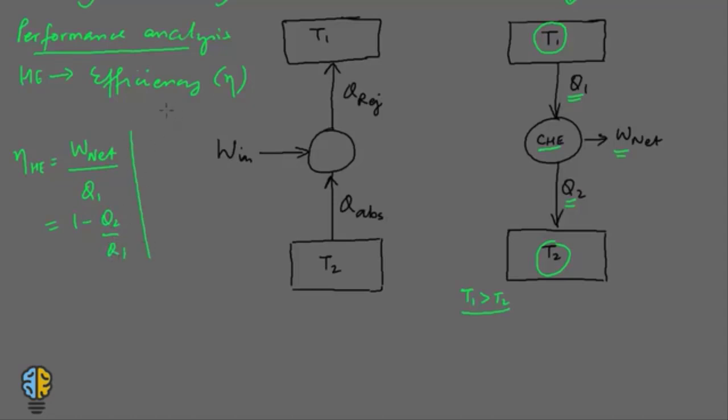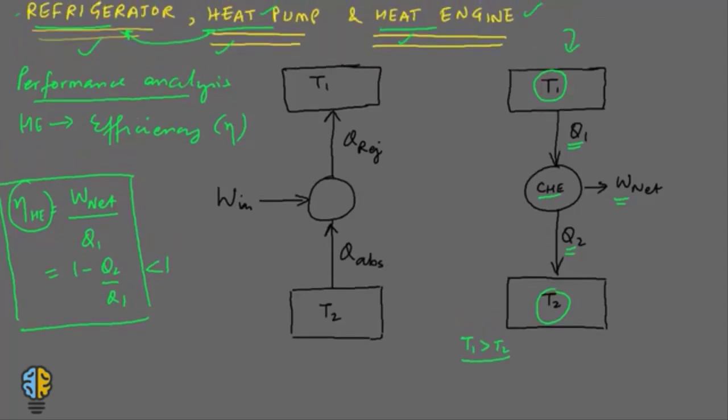So this is how we analyze the performance of a heat engine, that is in terms of the efficiency of the heat engine. Okay, and we always know that this is a value which is less than 100% or less than 1.